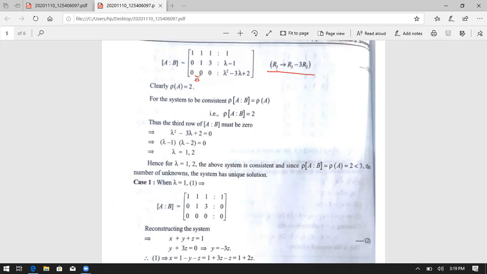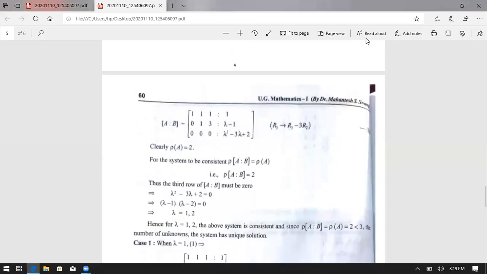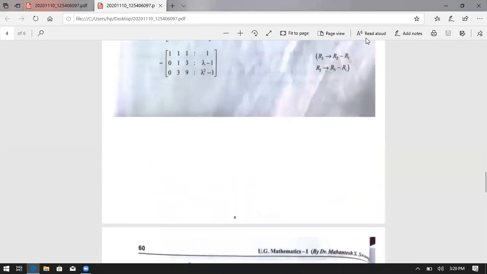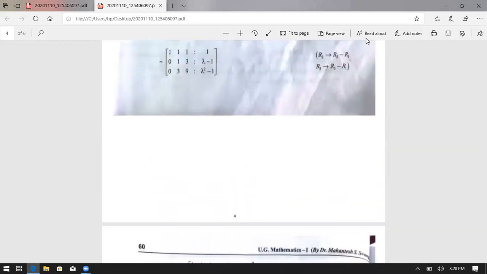That is R3 minus 3R2, so this column is also 0, 0. See here, that is the last one. What is that one? 3 is there and 9 is there. Right here, the last one is the third row: 0, 3 and 9, lambda square minus 1.